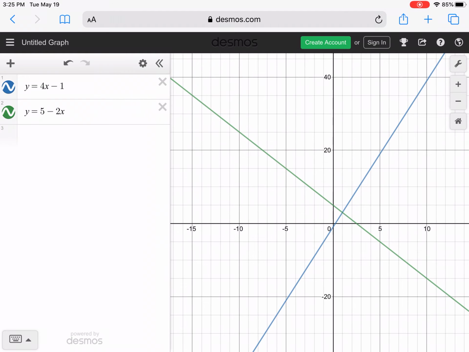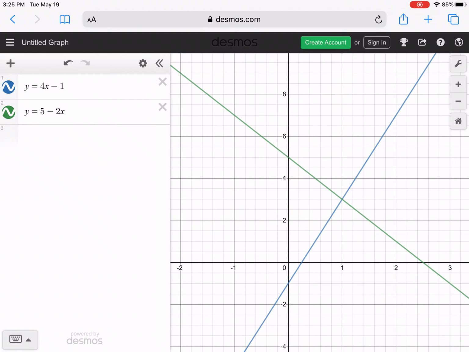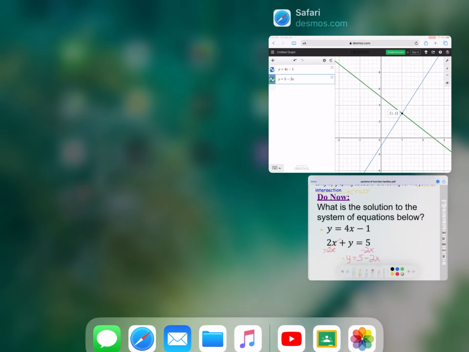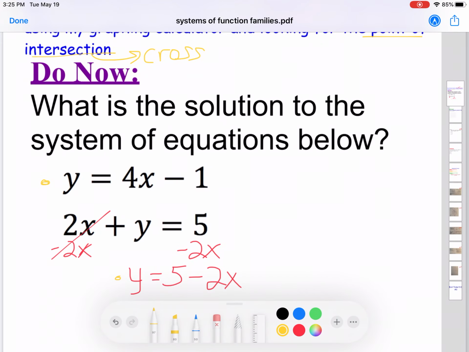So zooming out here, we see that these intersect only one time. If we zoom in here and click on where we think that point is, this tells us that they intersect at 1, 3. So that means that the solution to this system is the point 1, 3.